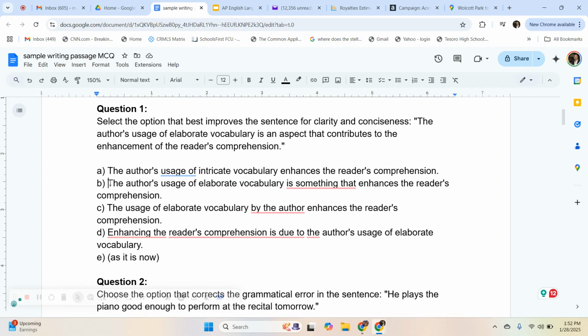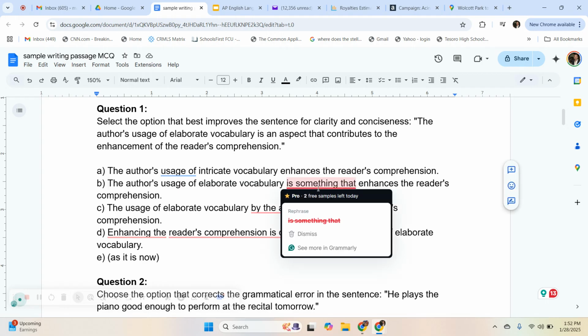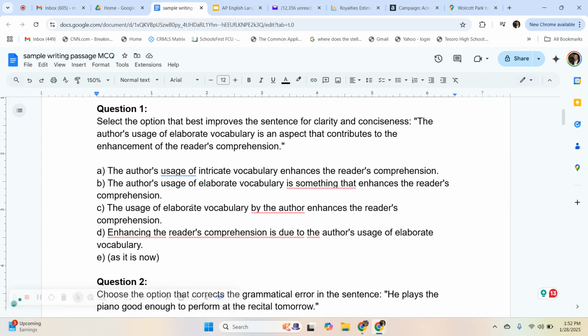That's okay too, but it just seems, again, and you can see it's redlined by my Grammarly, that's a red flag. C, the usage of elaborate vocabulary by the author enhances the reader's comprehension. That's okay. And D, enhancing the reader's comprehension is due to the author's usage of elaborate vocabulary. And that is maybe an inverted sentence, and I would eliminate that as a wrong answer. Okay. E, as it is now, I would eliminate that.